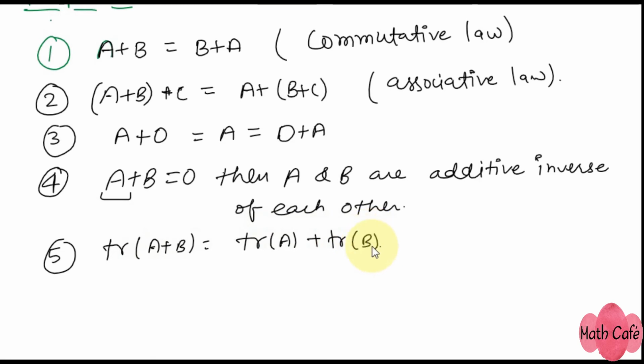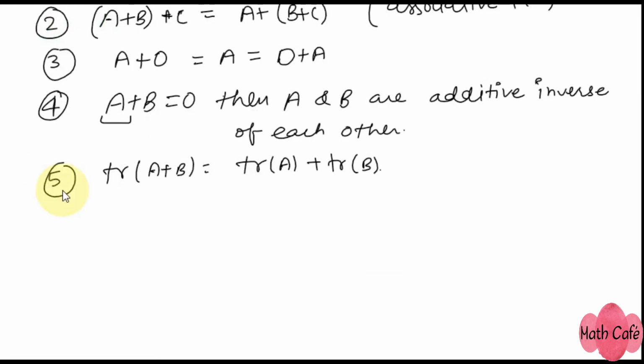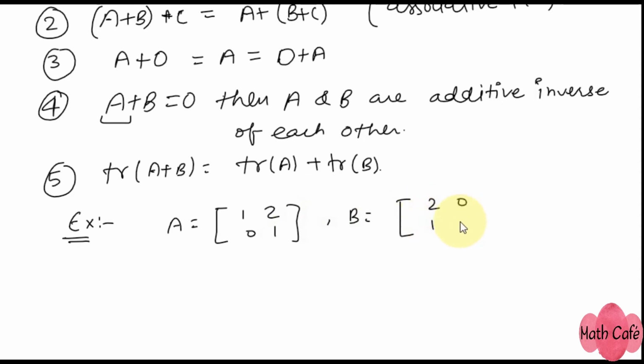All right, and the fifth property is trace of A plus B will be trace of A plus trace of B. We can understand point 5 by taking an example. If I'm writing a matrix A is 1 2 0 1 and another matrix B is 2 1 0 3, so we can find trace of A. Trace of A will be the sum of all the diagonal elements, that will be 1 plus 1, that will become 2.